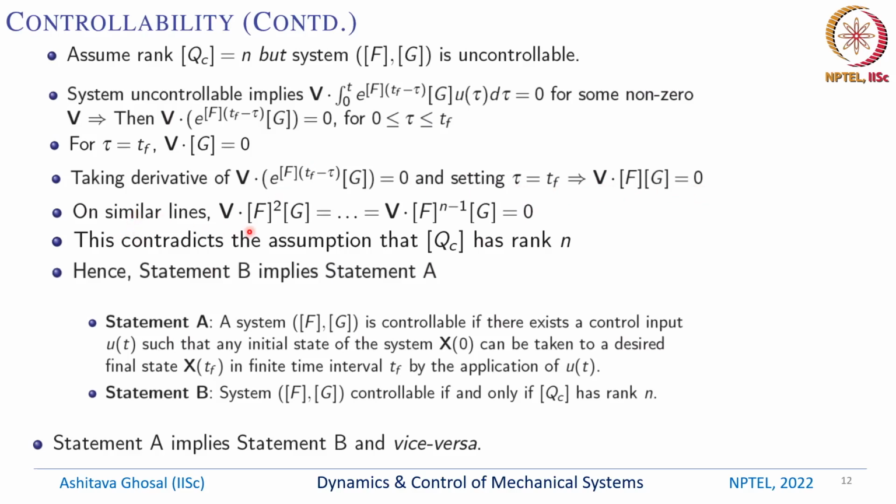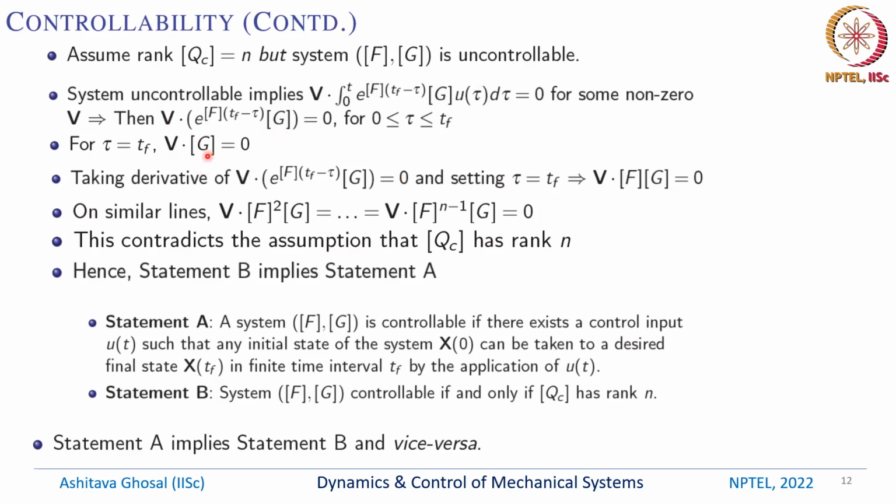On similar lines we have v dot F squared G, all the way till v dot F to the power n minus 1 G equal to 0. This contradicts the assumption that QC has rank n. Remember what is QC? The first column was G, the second column was FG, the third column was F squared G, and all these columns are linearly independent.